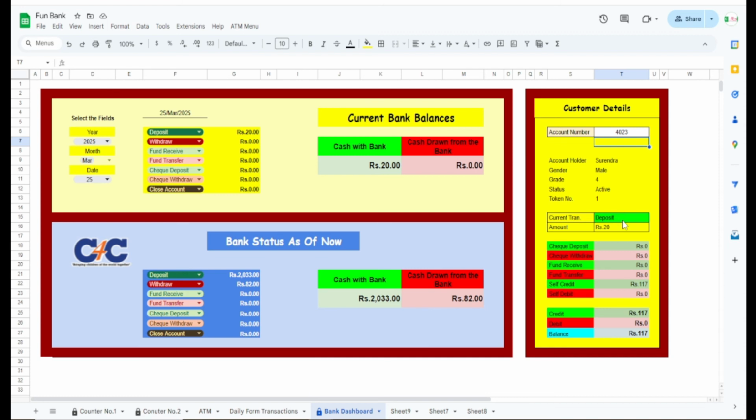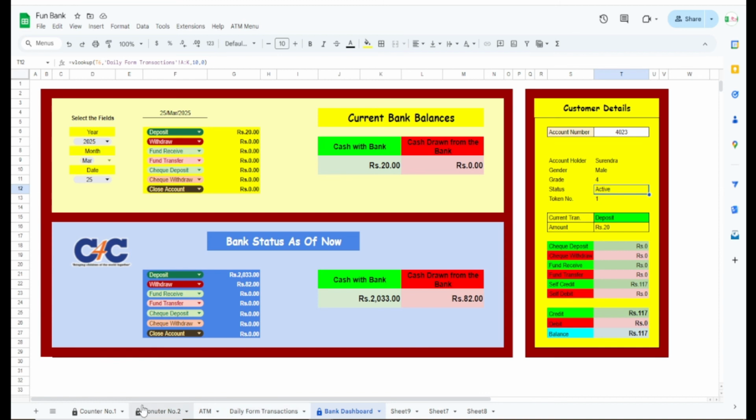If it is a withdrawal, it will show in red. The amount of the recent transaction and the different particulars will be displayed, and here you can see whether the customer is active or inactive.